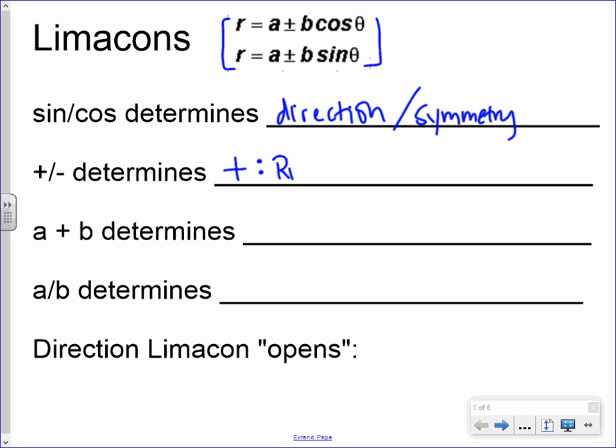So is it going to be to the right or is it going to be up, right? Those would be where we have positive values. Negative, right? It's going to be either down or it's going to be left.